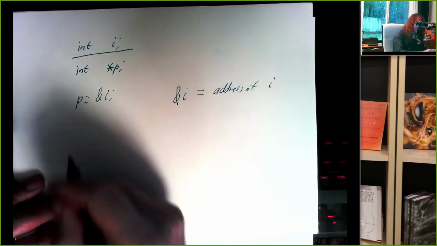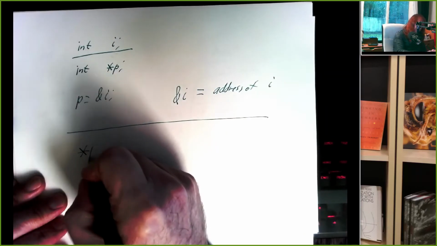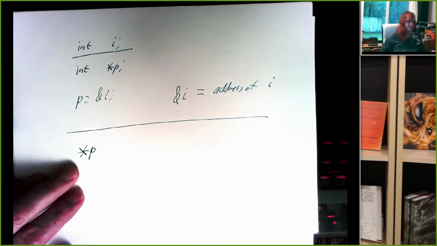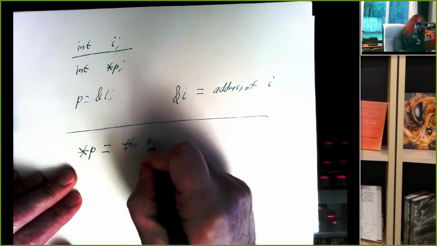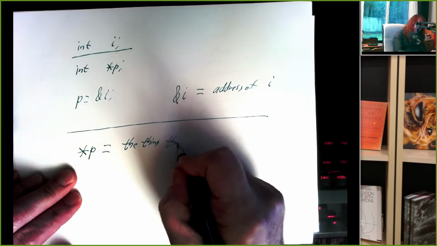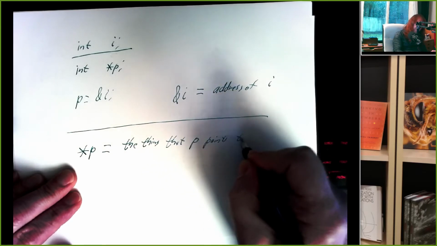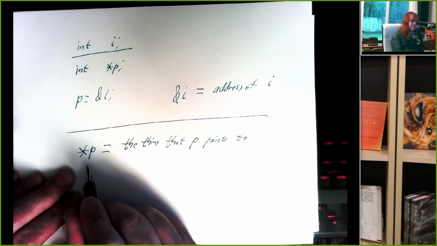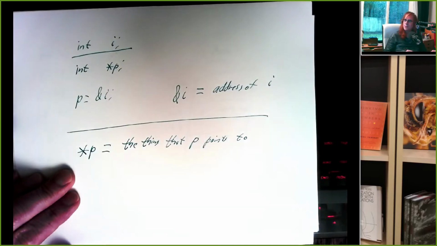So the other thing we can do is if I have a pointer, I can say star p. And this means the thing that p points to. Star p says I'm talking about the thing that p points to, right?